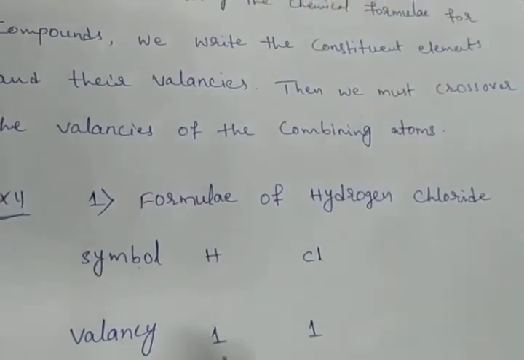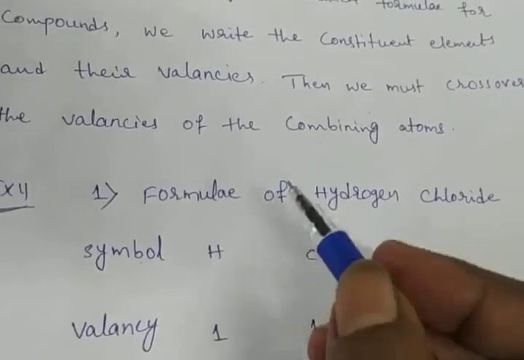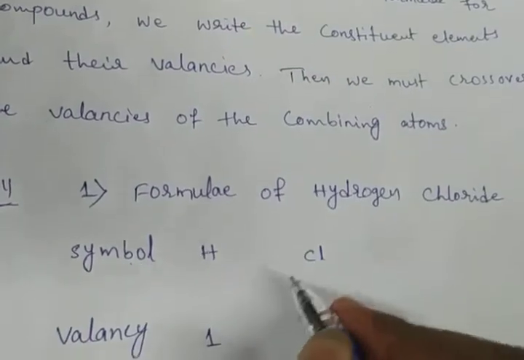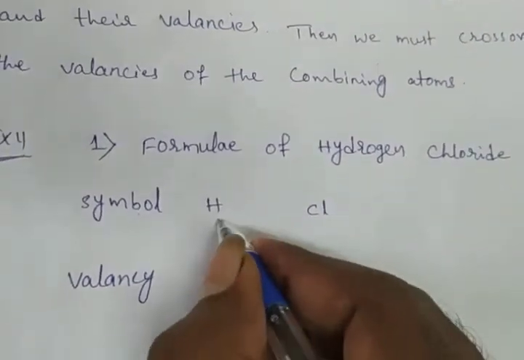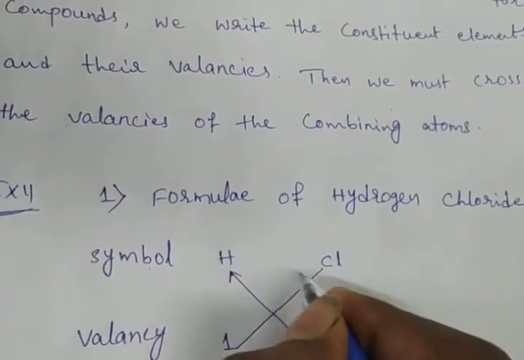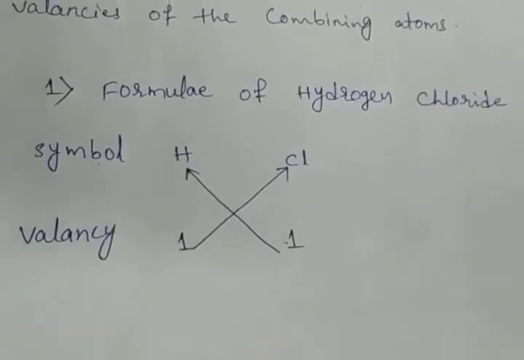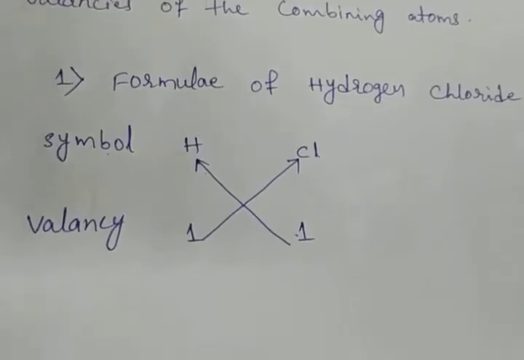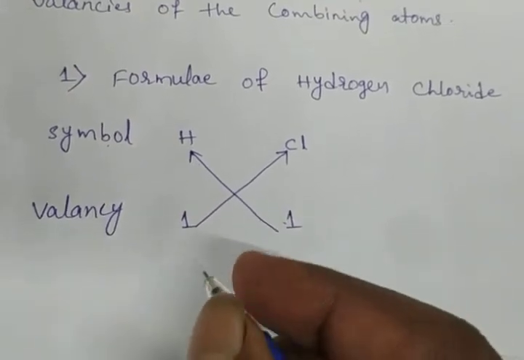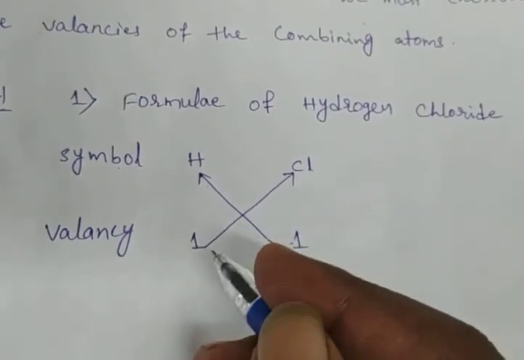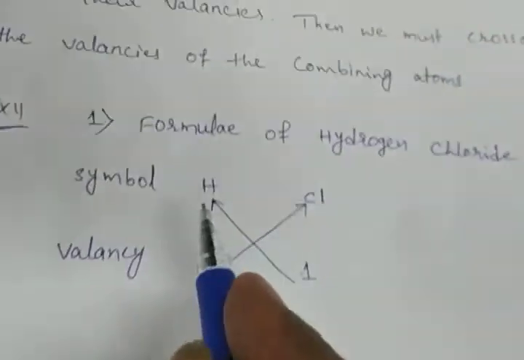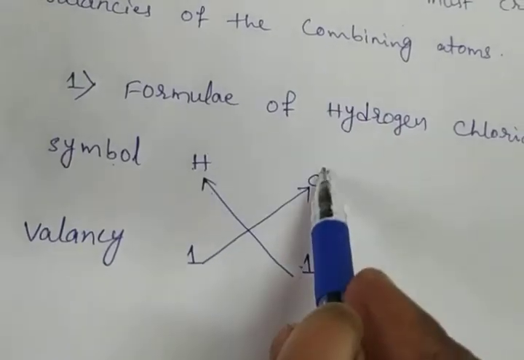Crossover. Now we can write the formula of the compound. Hydrogen 1, chlorine 1.